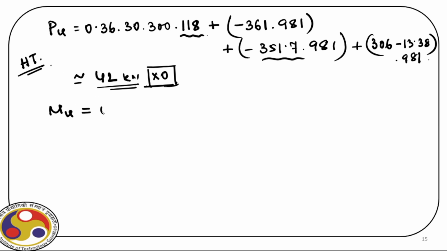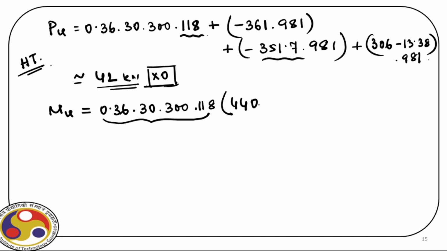Now let us quickly complete the remaining part. So that is moment. We will have contribution from steel and concrete. So for concrete, this is the force times the lever arm, which is 440 minus 0.416 times this 118 is the lever arm, plus we have 3 different layers.